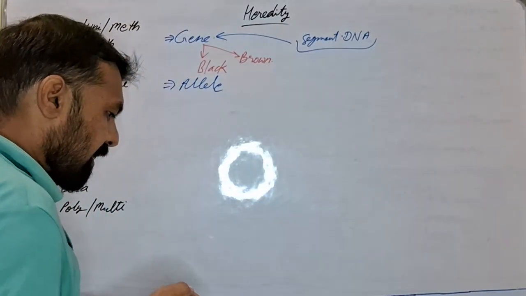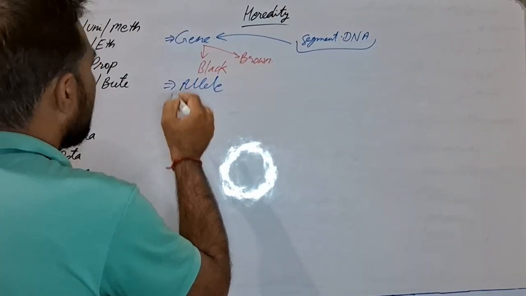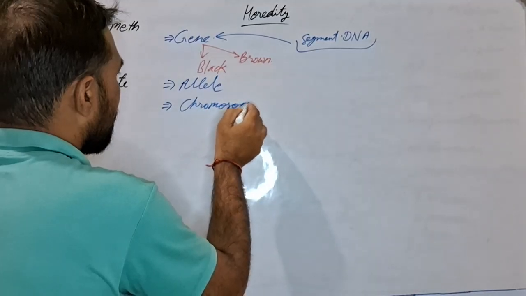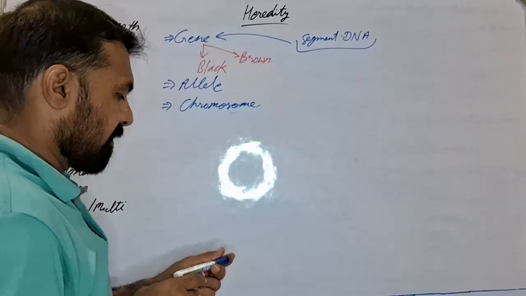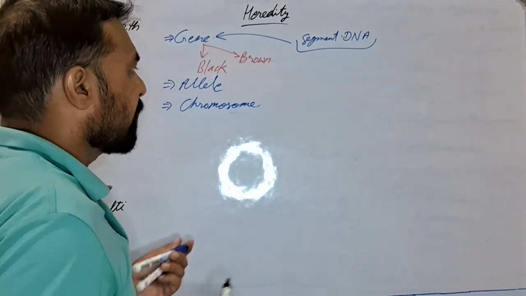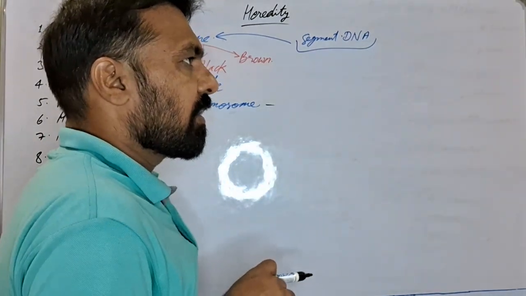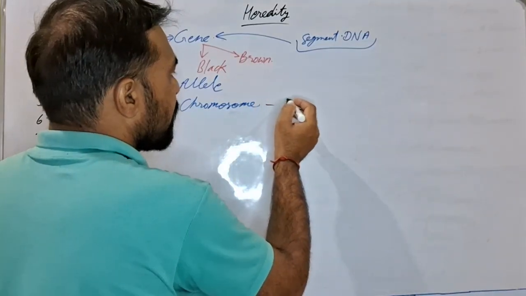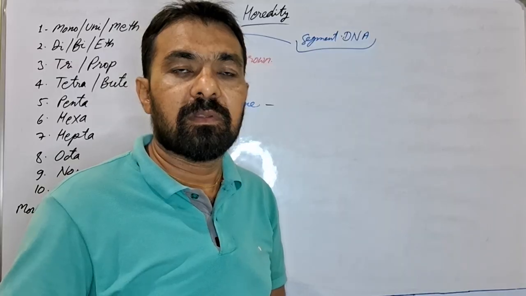Next term is chromosome. Chromosome is basically made up of a number of genes which are arranged in a sequence, and the number of chromosomes is fixed in any specific species.